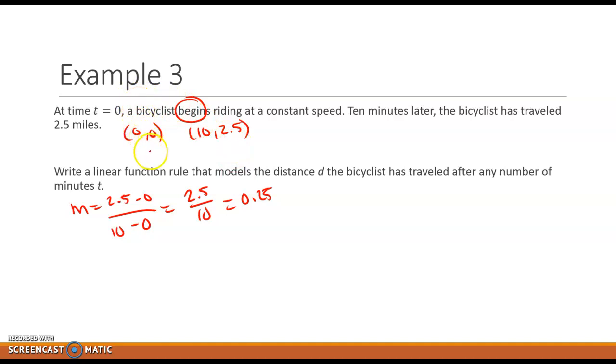Now, remember we talked about before when we have 0 for our x, the y is our y-intercept. So in this case, we have a constant of proportionality and we're going through the point 0, 0. So this is one of those where we can write it as y equals mx because our b is 0. And we know that from up above.